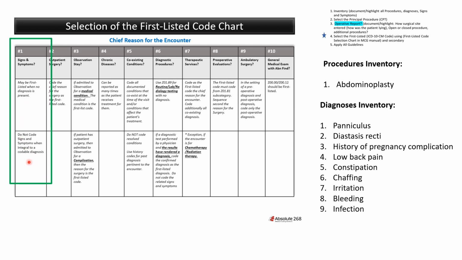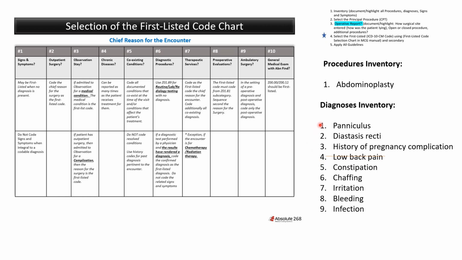So let's look below. Our guidance says, do not code signs and symptoms when they are integral to a codable diagnosis or diagnoses. So if we look at our signs and symptoms, you see number 4, this is low back pain. I kind of got ahead of myself and it's crossed out because low back pain is integral to panniculus.